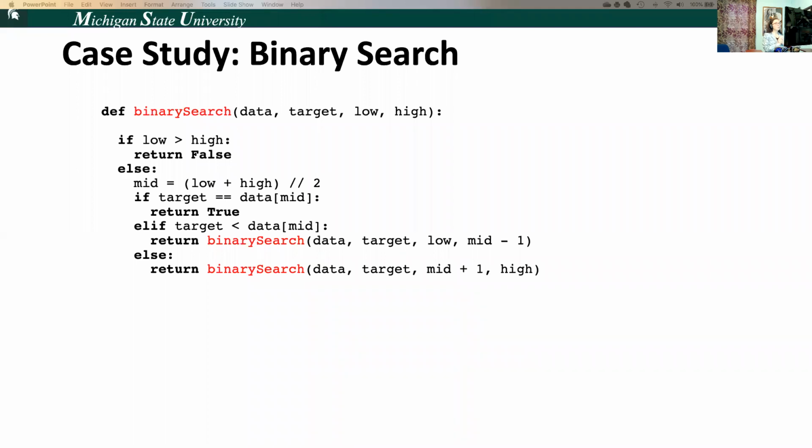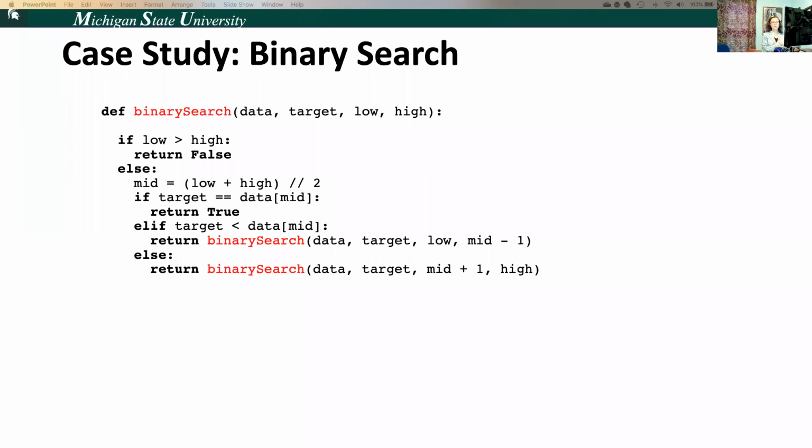Okay, so the binary search, look at my parameters. Now, this is quite a busy function. It has 1, 2, 3, 4 parameters, okay? I'm passing the container, that's my data, my Python list, along with the target value that I'm searching for.